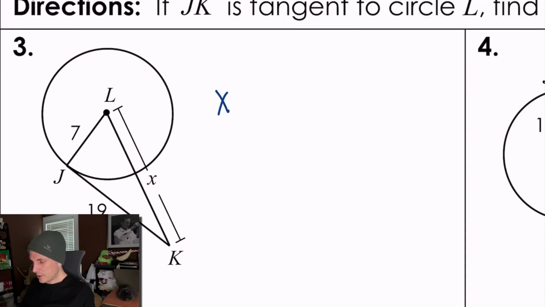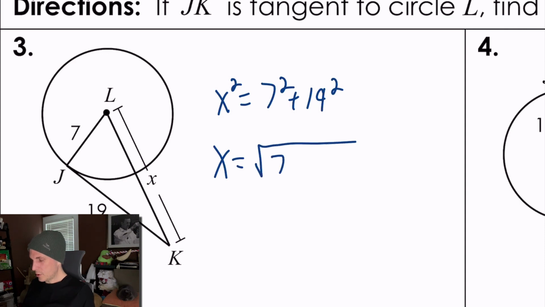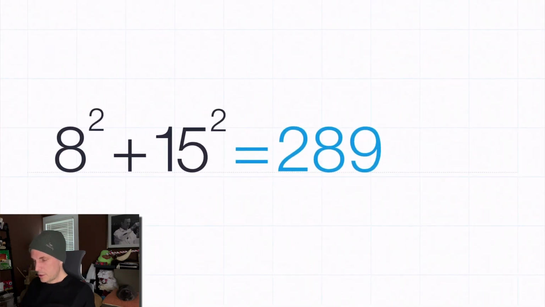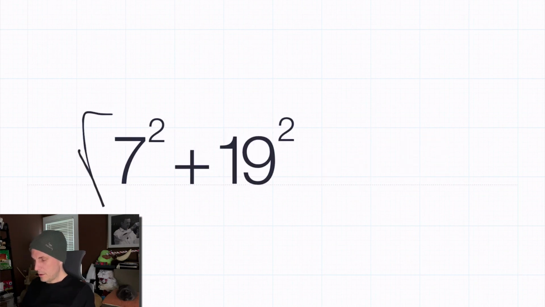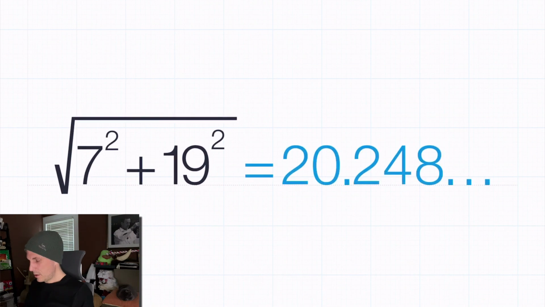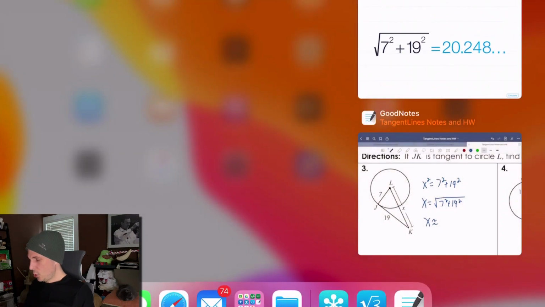So it's going to go X squared equals 7 squared plus 19 squared. X equals the square root of 7 squared plus 19 squared. X would be about equal to 7 squared plus 19 squared, and then take the square root of that. 20.2.